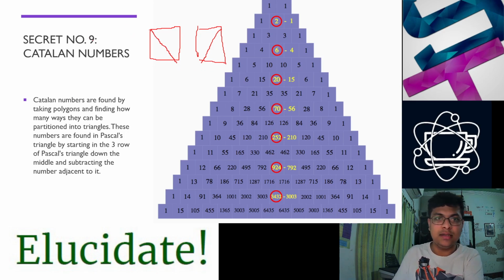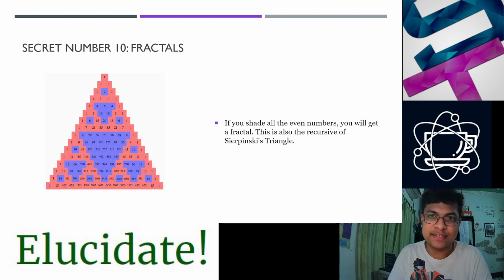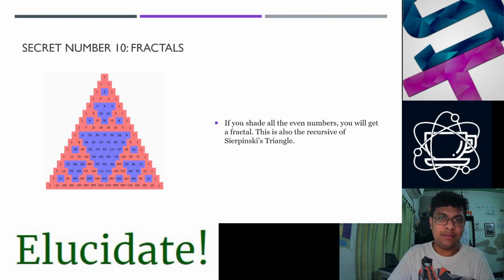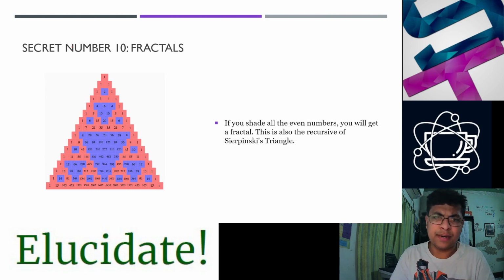This is one of the most beautiful things in mathematics and physics. Many of you may know about the Mandelbrot set, and it's a kind of fractal too. Fractals are very beautiful patterns. This is not a great representation of what a fractal is, but you may Google about fractals.